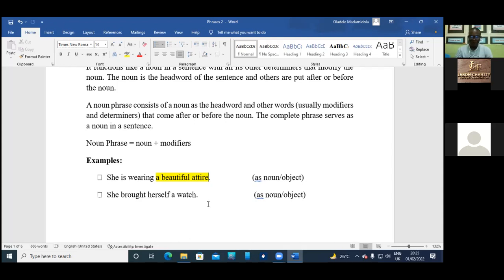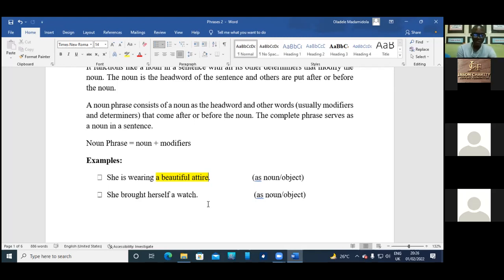Anyone? What is the noun phrase in she bought herself? Herself. Oh, okay. Thank you. So let's look at it very holistically. The first thing I advise students to do is to break the sentence down into a structure. Okay, so you know the elements of the sentence.